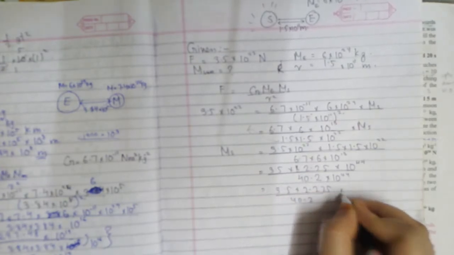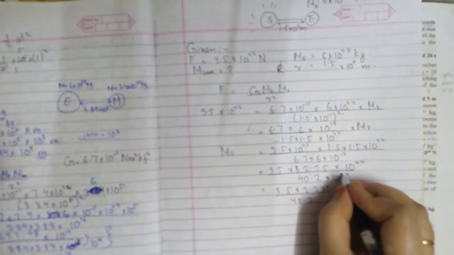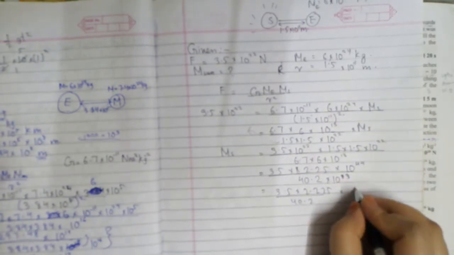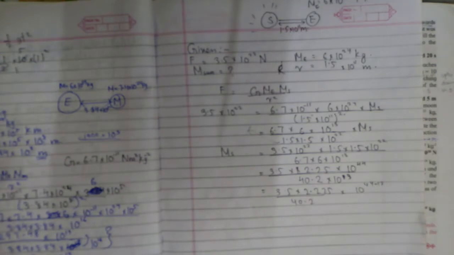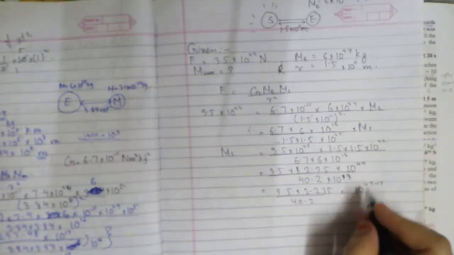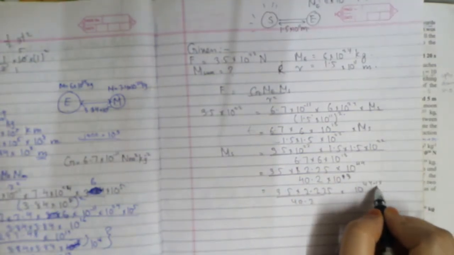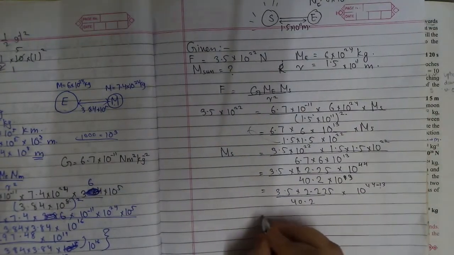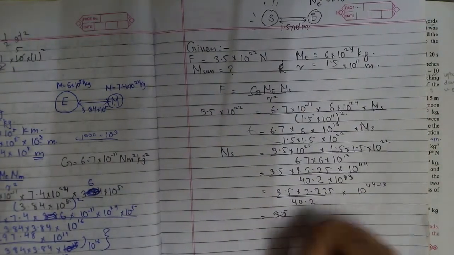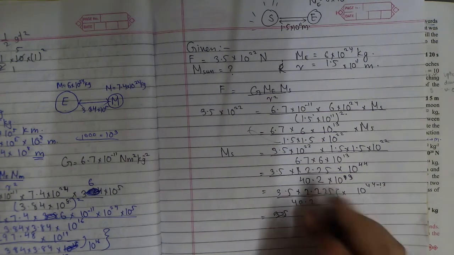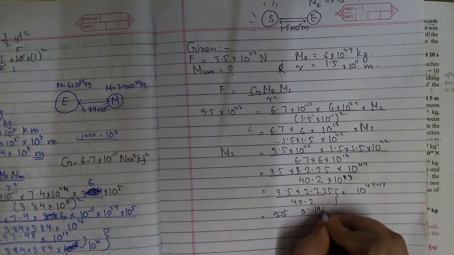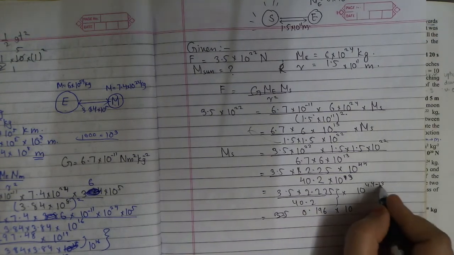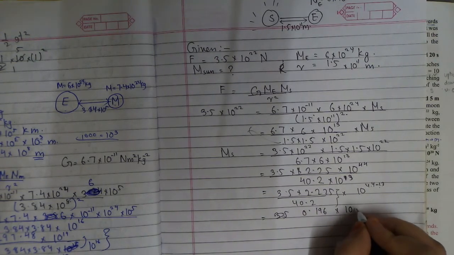Here 40.2 and the power is 13. Now 44 minus 13, and after it comes from the denominator to the numerator it becomes negative. After calculating this, it becomes 0.196 multiplied by 10 to the power 31.